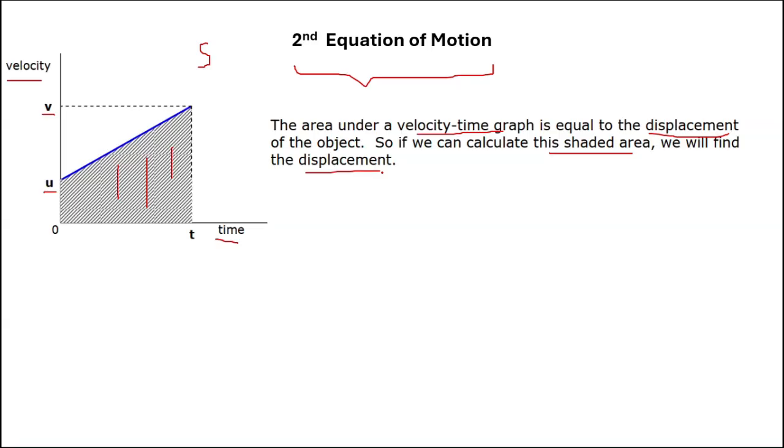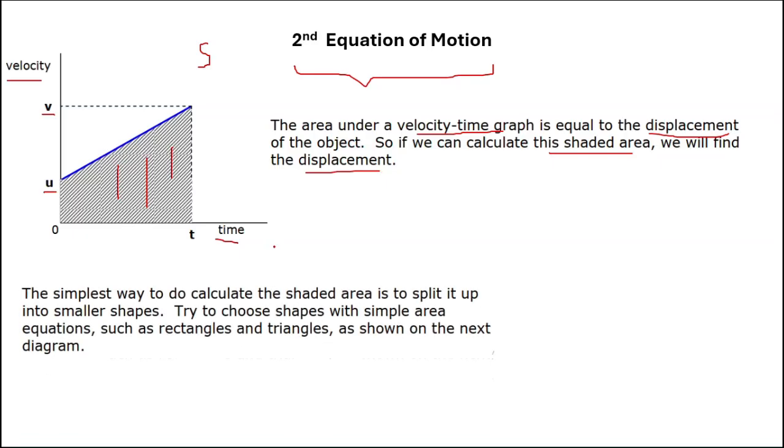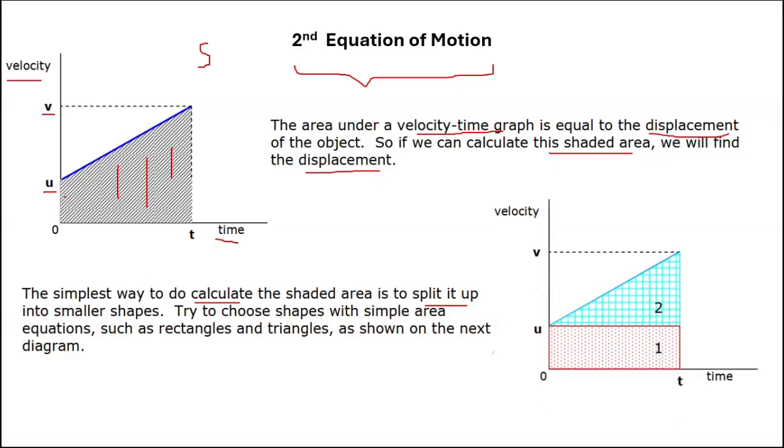Alright students, now we will find this shaded area, and the simplest way to calculate it is to split this graph into smaller shapes. We have split this graph into two shapes.